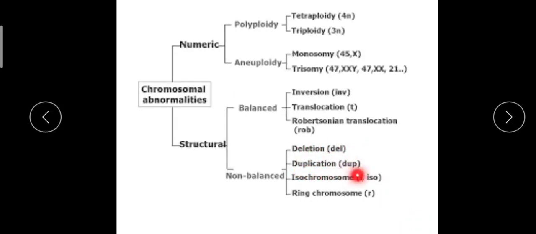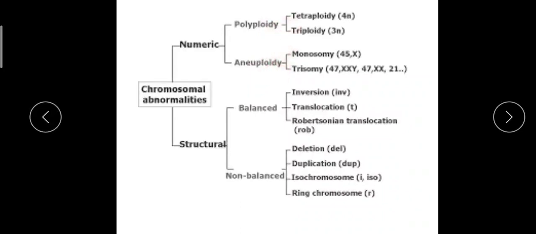In deletion and duplication, there is a change in the segment. In deletion, we are losing a segment of a chromosome, while in duplication an additional copy of the segment is found. So here it is not balanced. And the numerical aberrations can be polyploidy and aneuploidy.